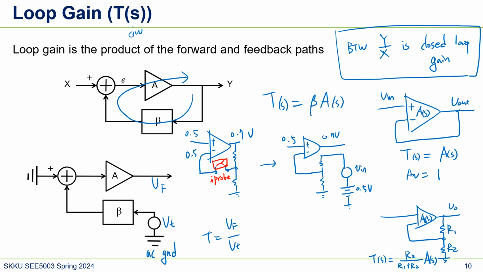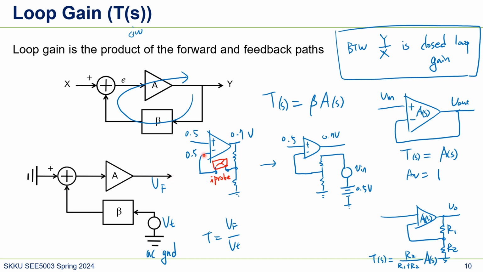Long story short, loop gain is beta times A, and when we measure it, we need to keep the operating voltage like this, apply the input here, and see the output.